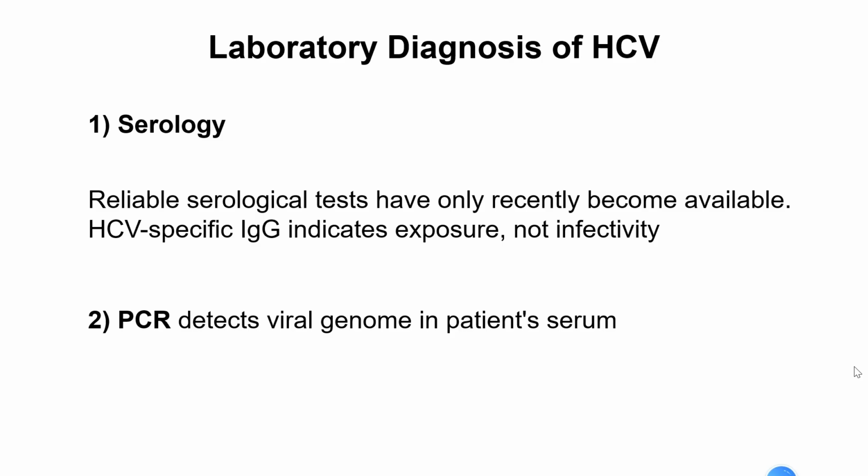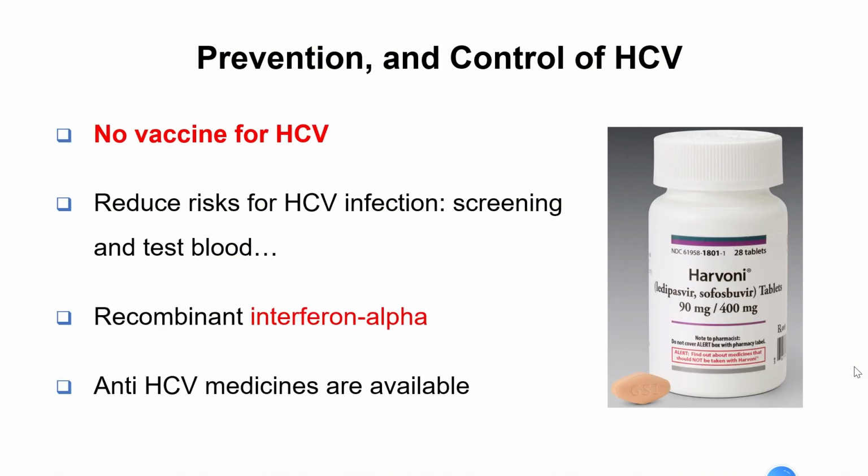You can also run the molecular methods, the PCR, to detect the HCV genome. Just keep that in mind. We don't have questions designed on these details. As I mentioned just now, we don't have vaccines available for HCV.